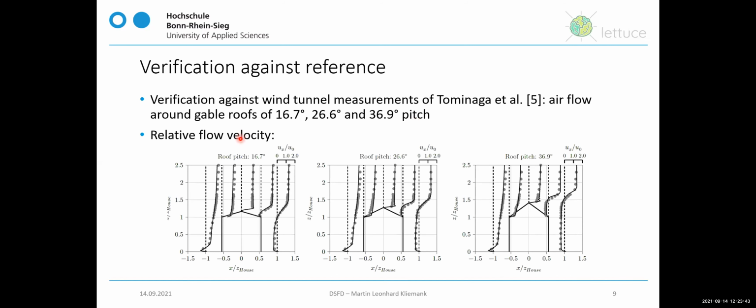And here we have the comparison for the relative flow velocity, in the central plane, basically, of the simulation domain along the x-axis. And here we can see that the simulation results in black do agree quite well with the wind tunnel measurements of the reference in gray, which is also shown in the average relative error of 8%.